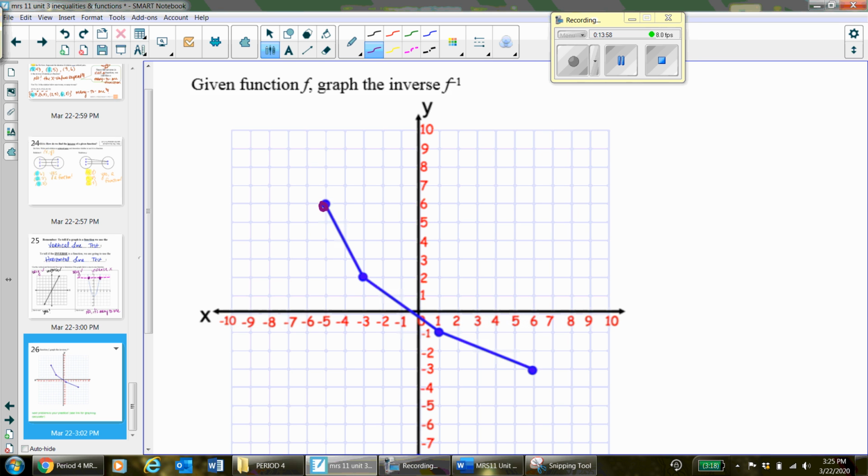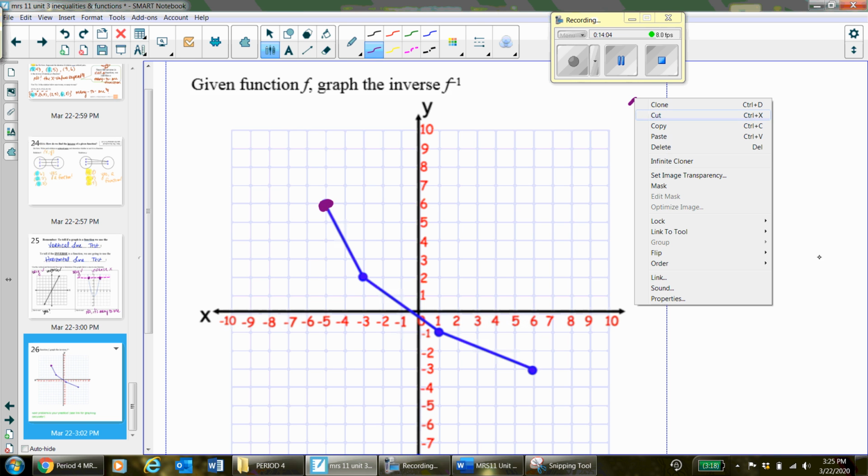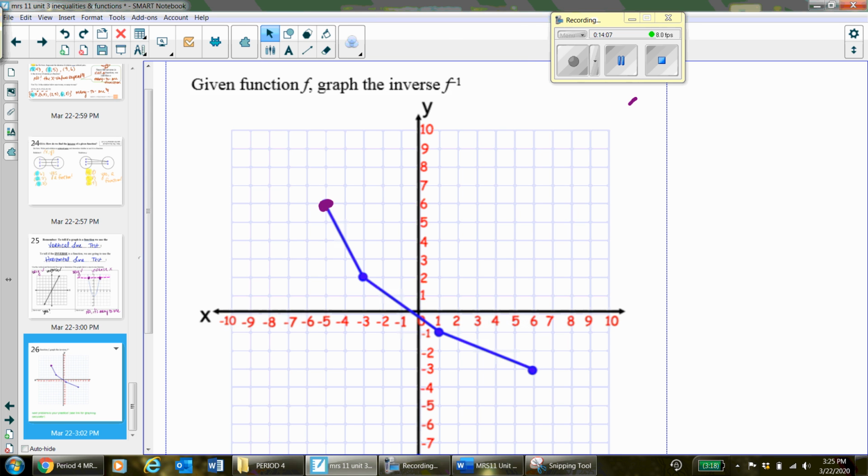So this point here is -5, 6. The inverse would be 6, -5. This point here is -3, 2.